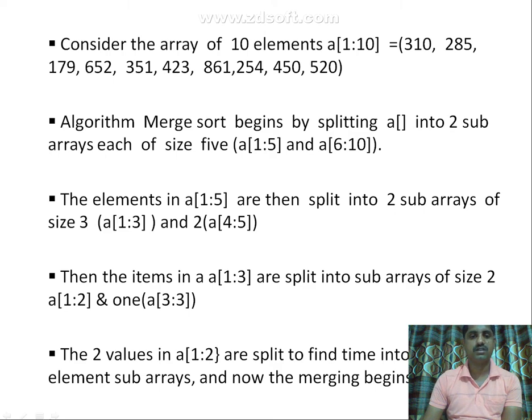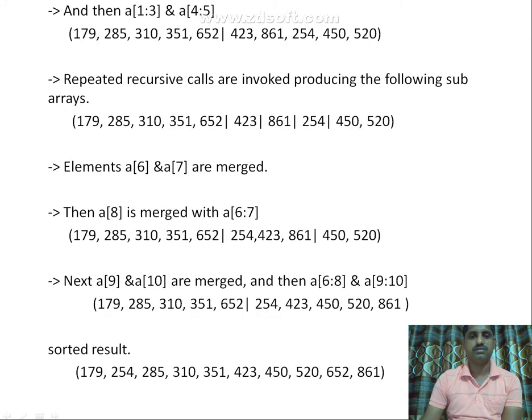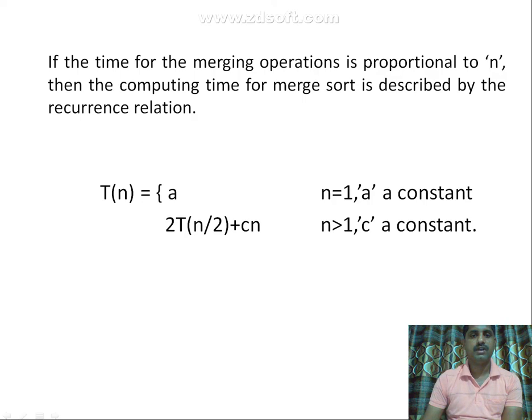Likewise we construct the time complexity: T(n) = a when n = 1, a constant, and 2T(n/2) + cn when n is greater than 1, where c is a constant.